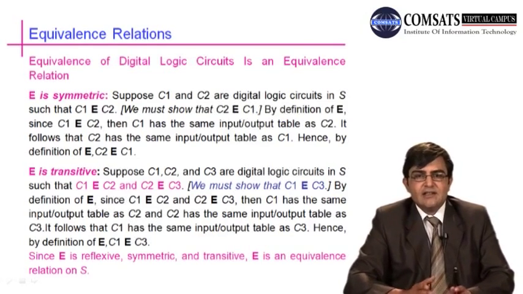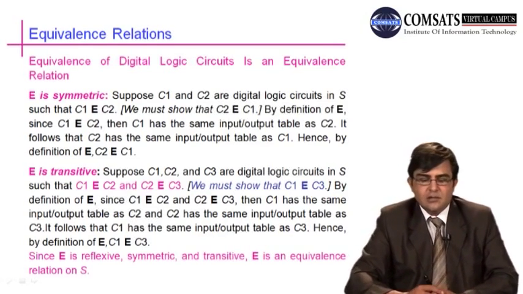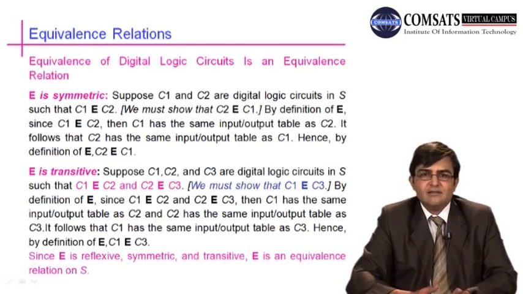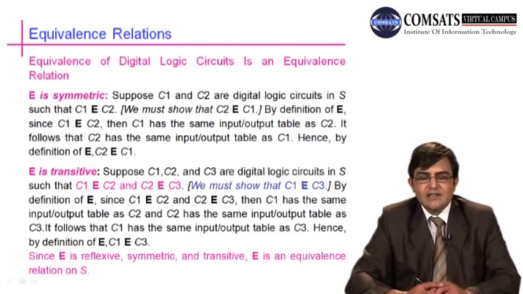So we can say that C1 is related to C2. Now obviously, if C1 has the same input-output table as C2, then C2 has the same input-output table as C1. So C2 is related to C1 under the relation E. Therefore E is symmetric.